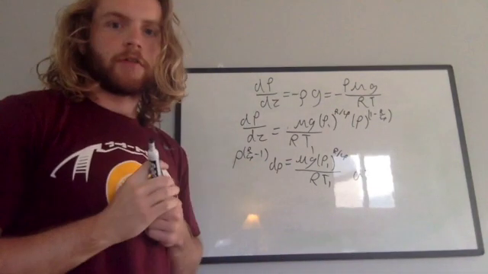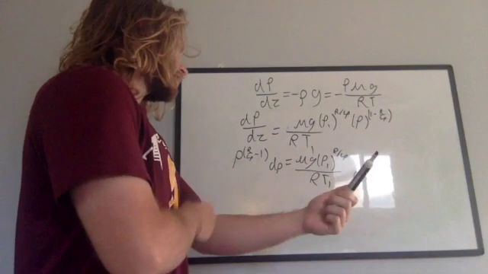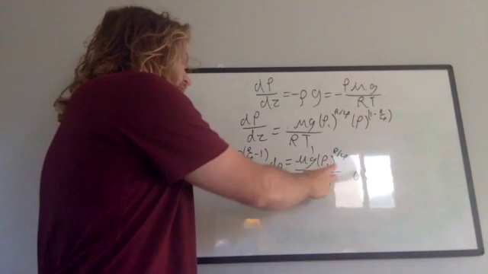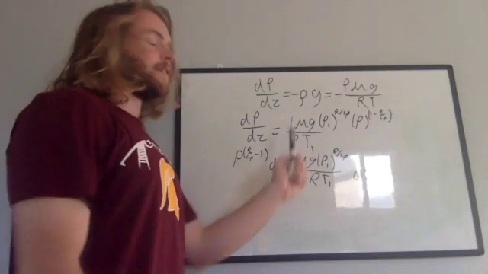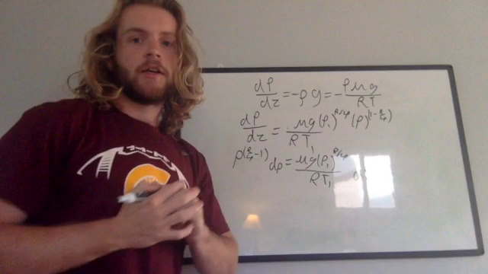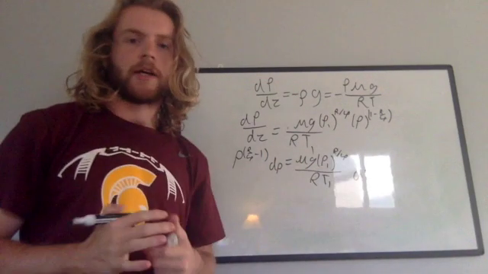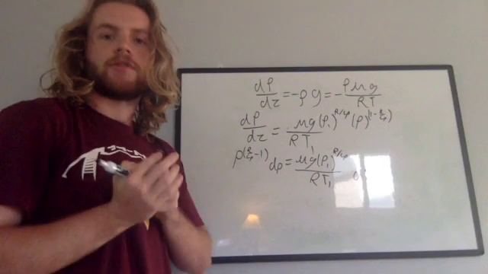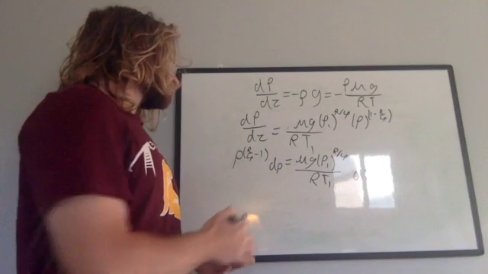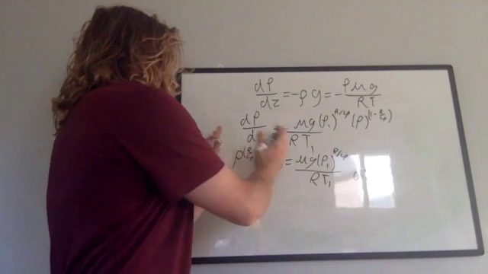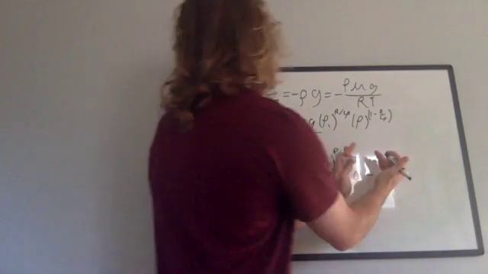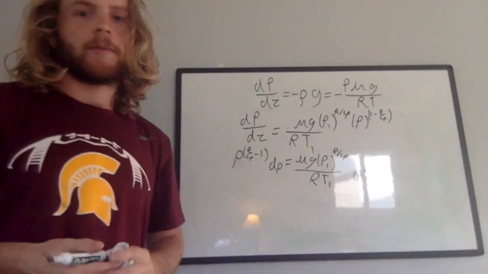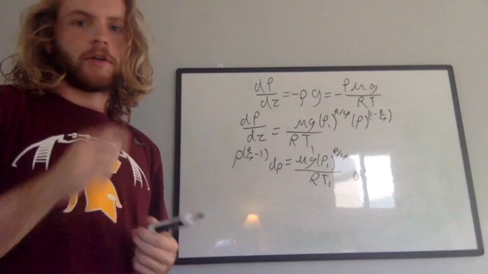This is not going to be too difficult because over here this is all constant stuff. This is not going to be changing. So this is all going to come out of our integral and we're not going to have to worry about doing any sort of crazy math with that. So we're just going to multiply this right here and this right here. That is what we are going to be integrating. So we'll set that up.